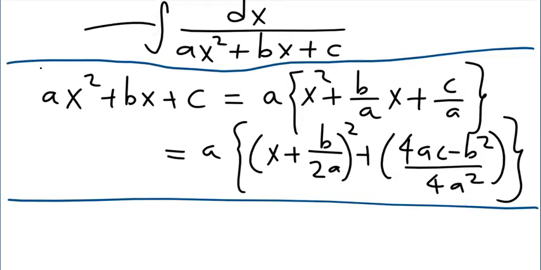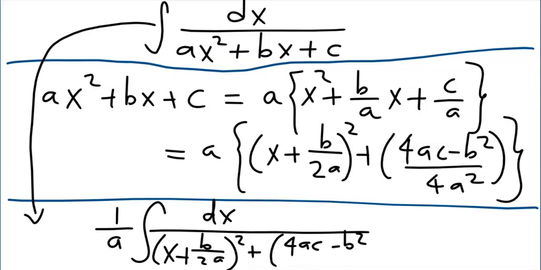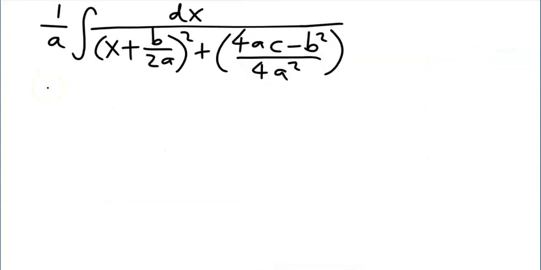And so, this integral can be rewritten in the following manner. 1 over a dx over x plus b over 2a squared plus 4ac minus b squared over 4a squared, bracket. 3 cases may arise for this integral, and we shall look at each of them separately.